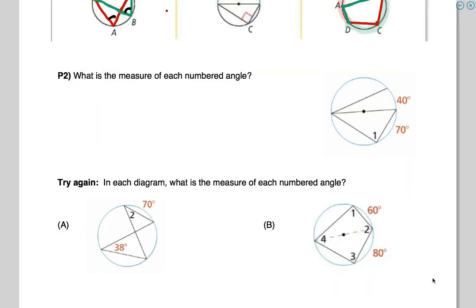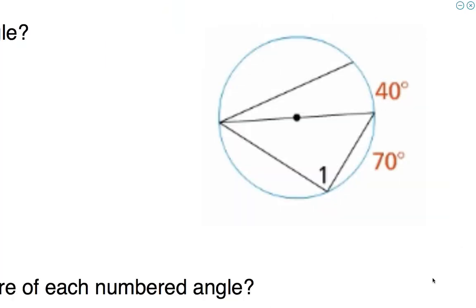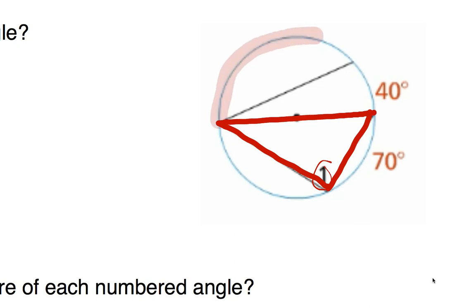All right, let's put these to use. What is the measure of each numbered angle? So angle 1. Notice that the inscribed angle, we have the intercepted arc being a, oops, not green, a semicircle.